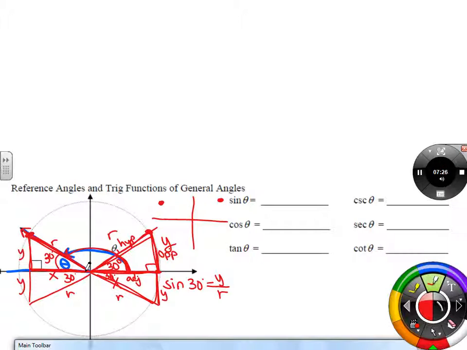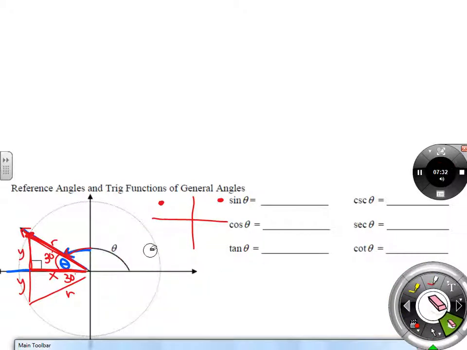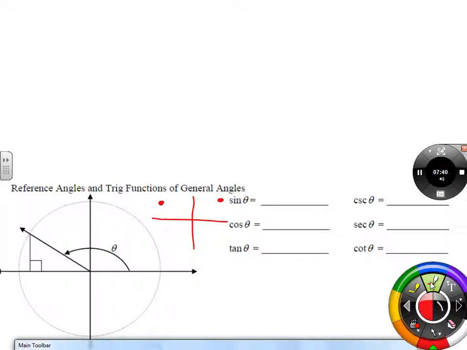So what this means is every time that somebody gives you an angle larger than 90 degrees, so every time that you end up in one of these other quadrants of the circle, you're not going to actually use that angle number when you build a triangle. So I'm not going to actually build a triangle with a 150-degree angle in it.